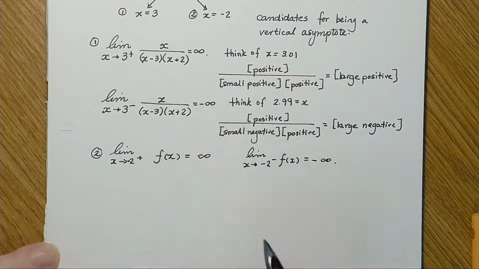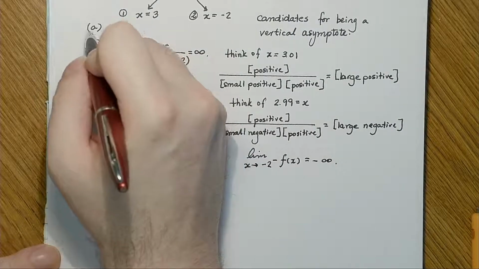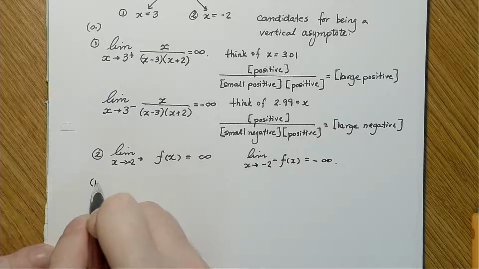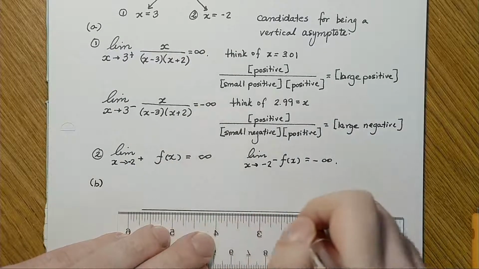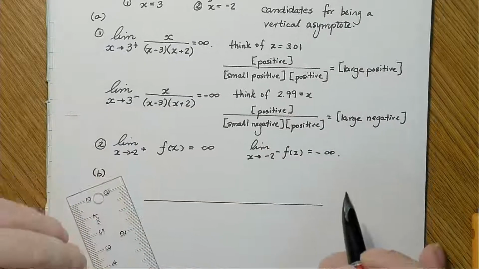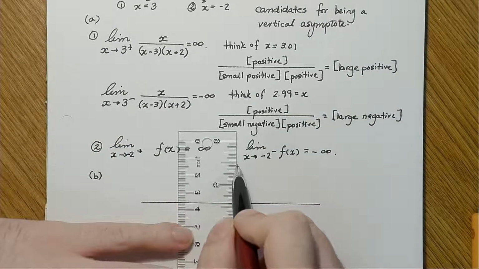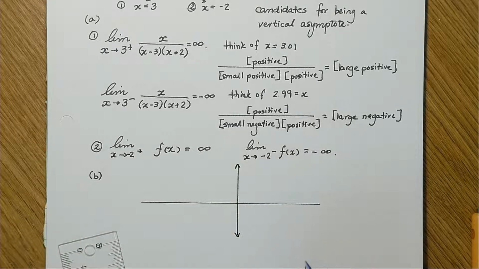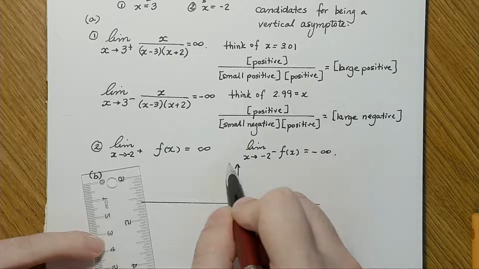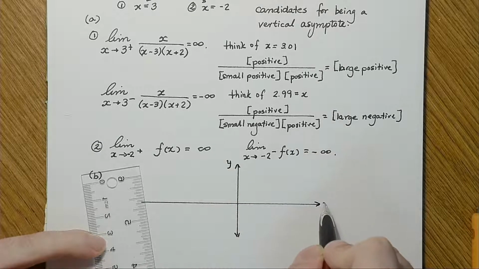And this is where we get to the part, so this is part A, part B. So we're asked to sketch. Again, a really rough sketch. I mean, I wouldn't start reading values off of this sketch. That's how sketchy it is.